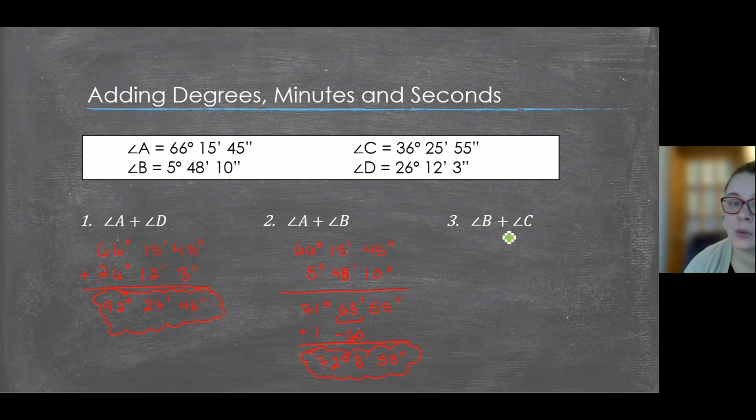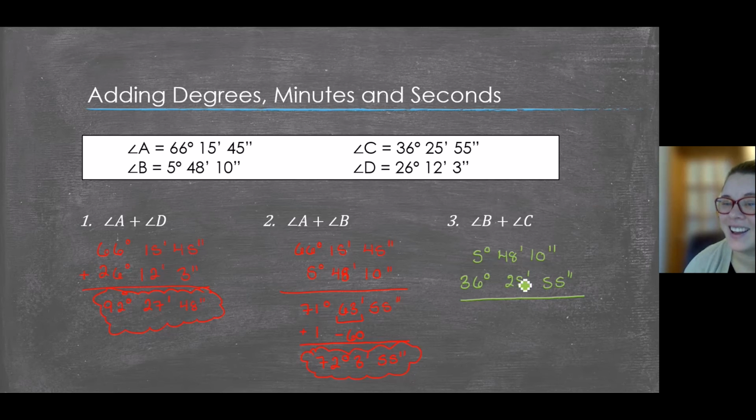So this one, we're adding angle B plus angle C. So we have 5 degrees, 48 minutes, and 10 seconds. Plus we want to add to that 36 degrees, 25 minutes, and 55 seconds.